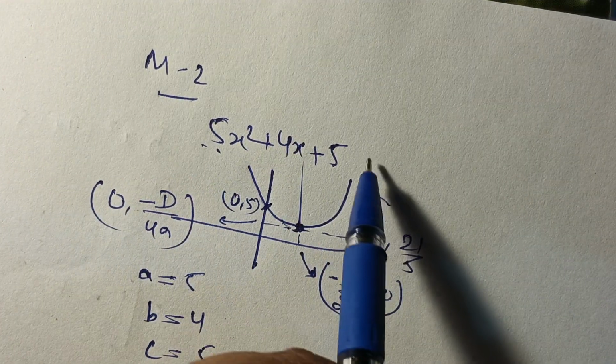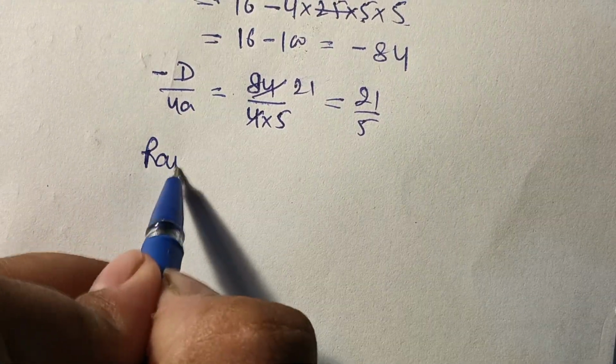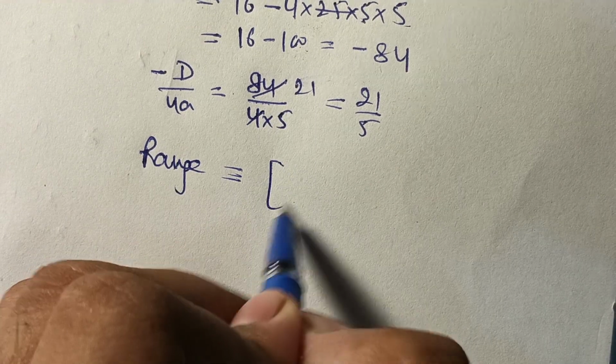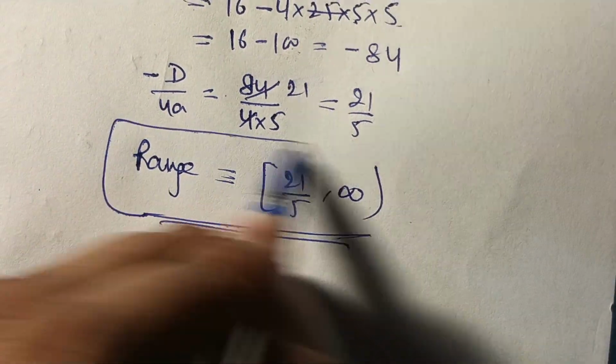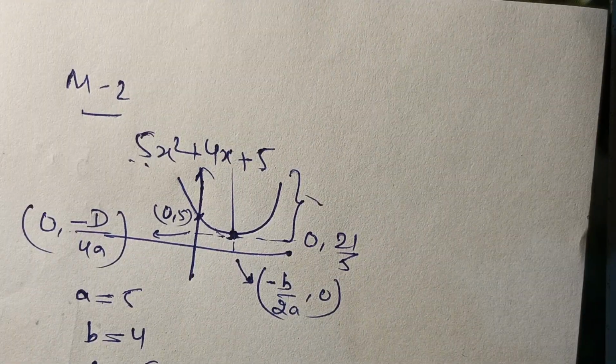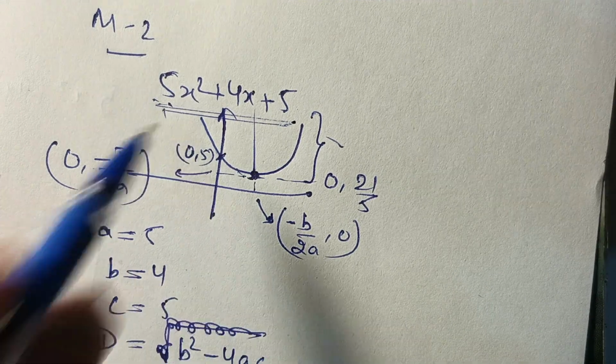So the whole y-axis above this line comes in the range of this expression. The final range is again the same answer. I hope you understood how to get this, and in later videos I will tell how to draw a graph of this quadratic expression.